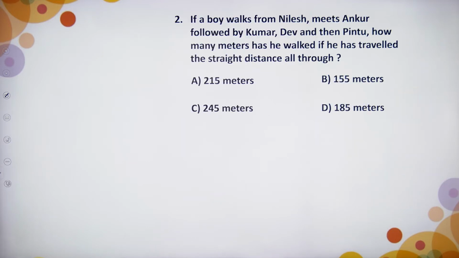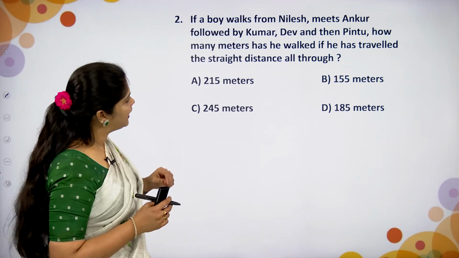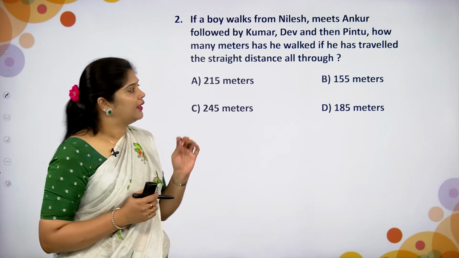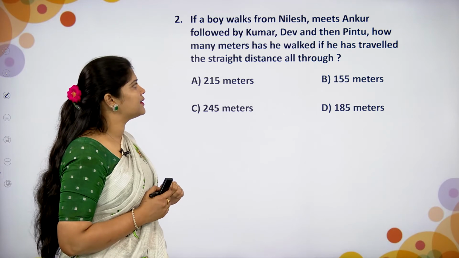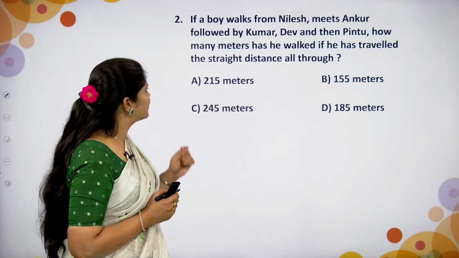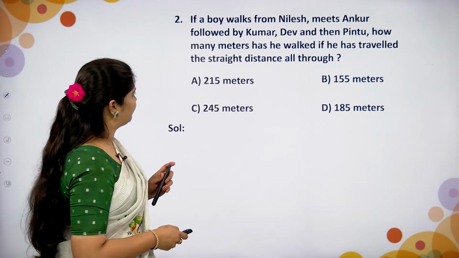Next question. If a boy walks from Nilesh, meets Ankur, followed by Kumar, Dev and then Pintu, how many meters has he walked if he has travelled the straight distance all through? Okay.